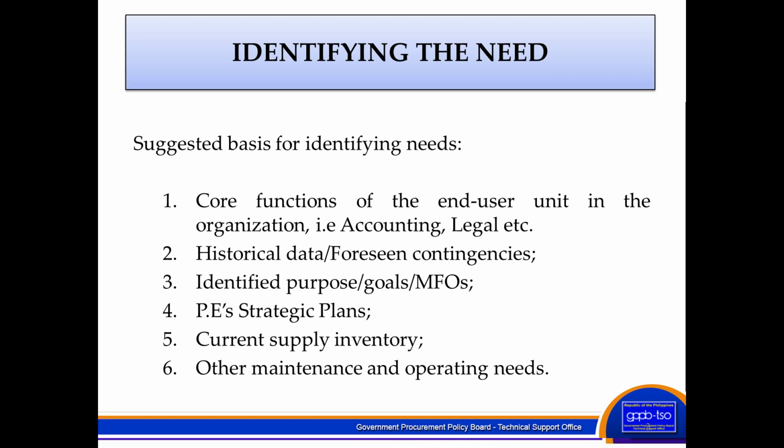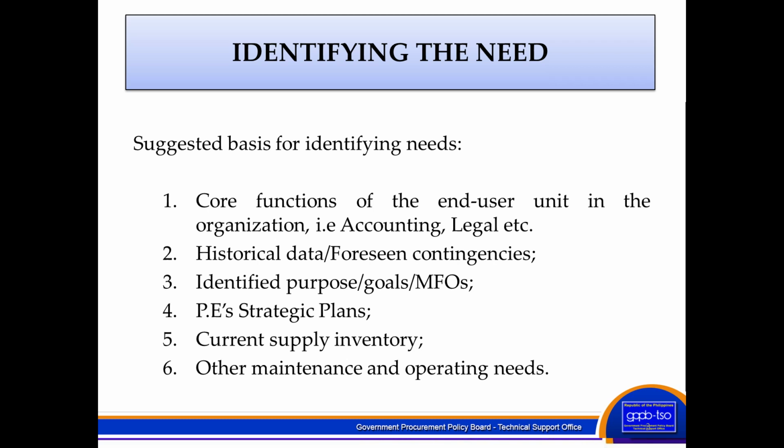Basically, we need to define the core functions of the end user to have a full understanding of the functional requirement of the goods, services, or infrastructure to be procured.